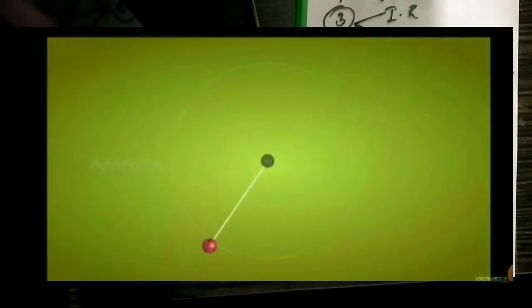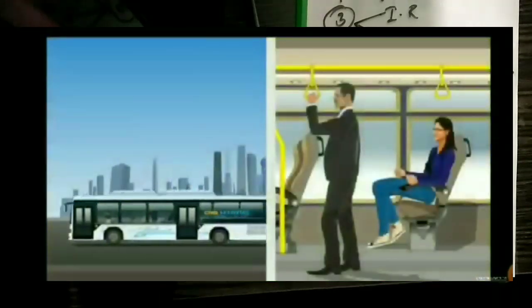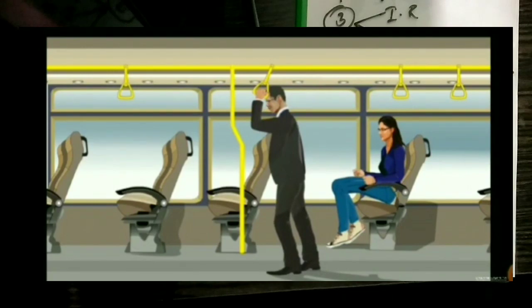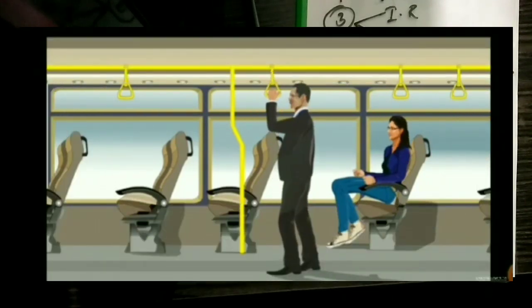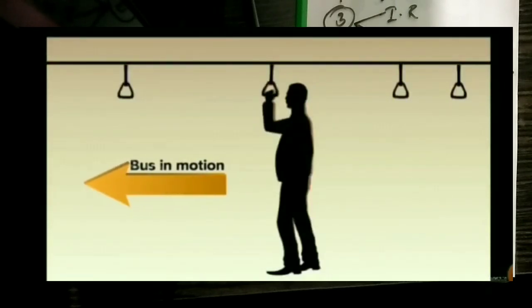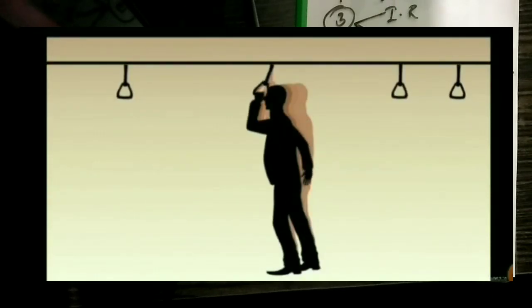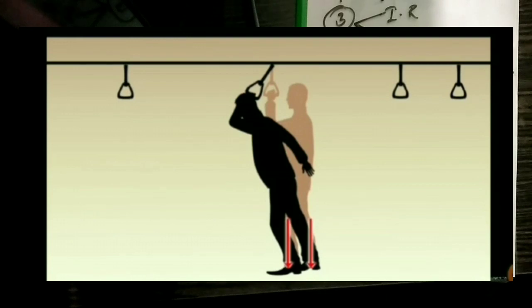For this, the supportive experiments were given by Galileo. First, the principle of inertia was given by Aristotle. He is a great scientist.